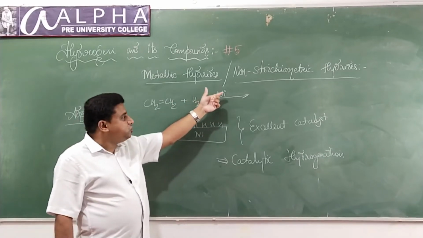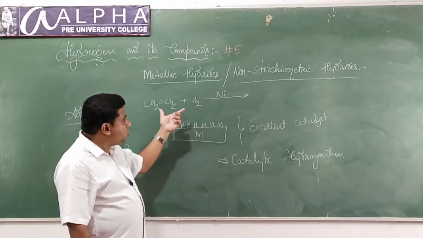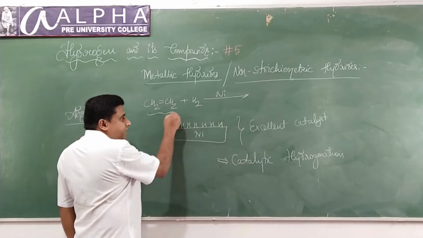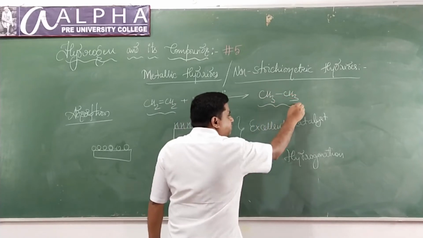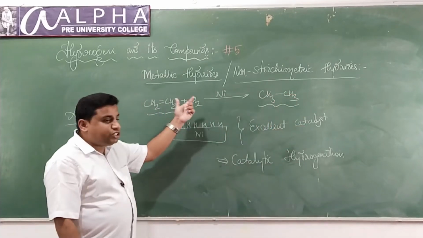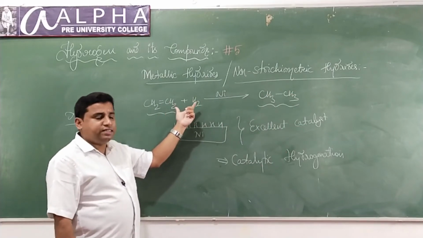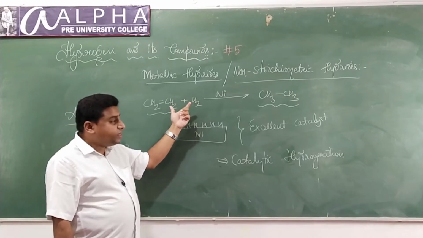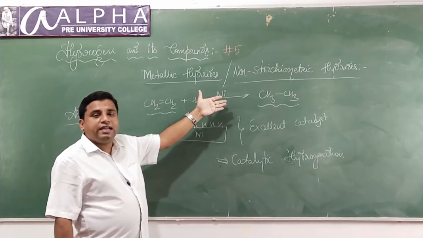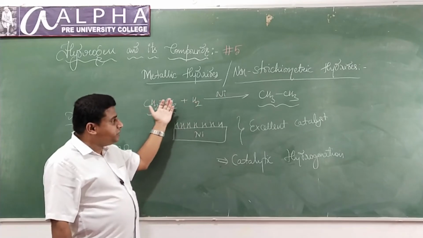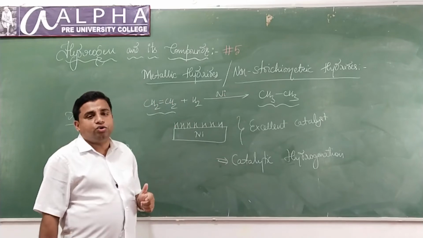Hydrogen gas gets adsorbed on the surface of nickel, and this becomes an excellent catalyst, wherein ethene will be reduced to ethane. Addition of hydrogen in the presence of nickel as catalyst is called catalytic hydrogenation.